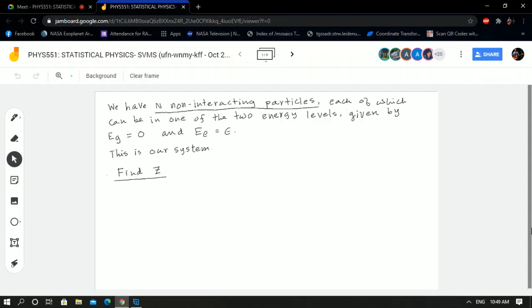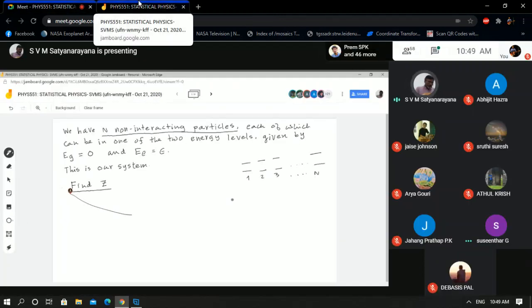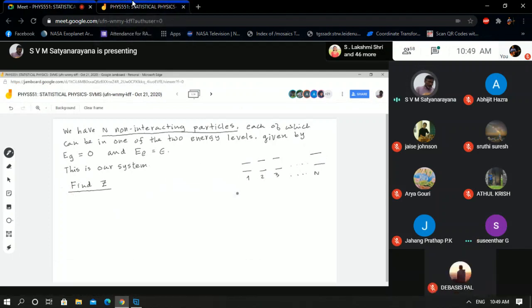See, I have the first particle here, second particle here, third particle here, let's say the nth particle, and each of them can be in one of the two levels, right? So this is the kind of system that we have in mind. But I am giving this information that they are non-interacting. So if they are non-interacting, then what is it that we can do?